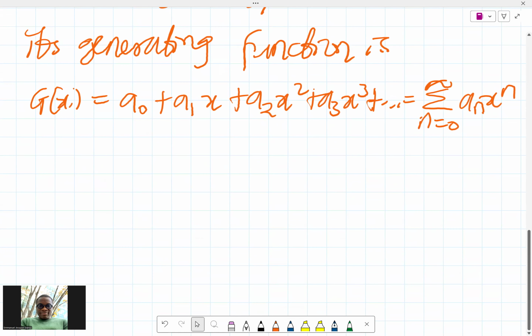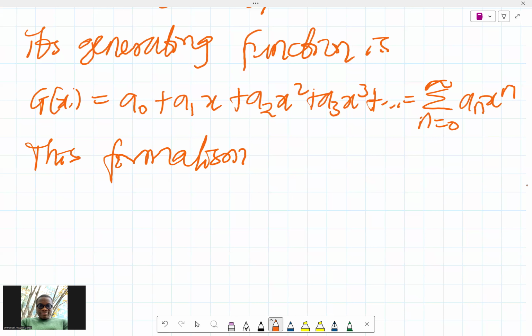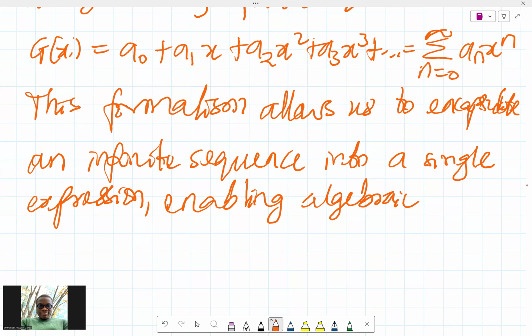Now, this formalism allows us to encapsulate an infinite sequence into a single expression, enabling algebraic manipulation.